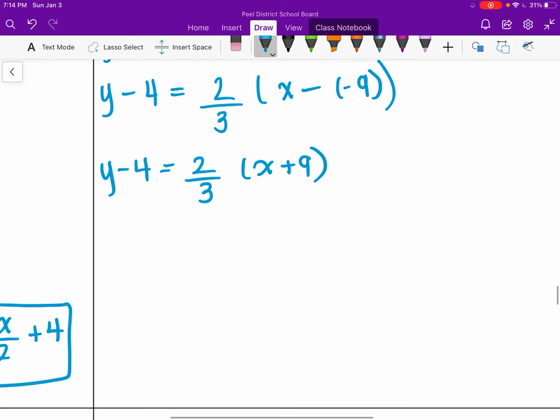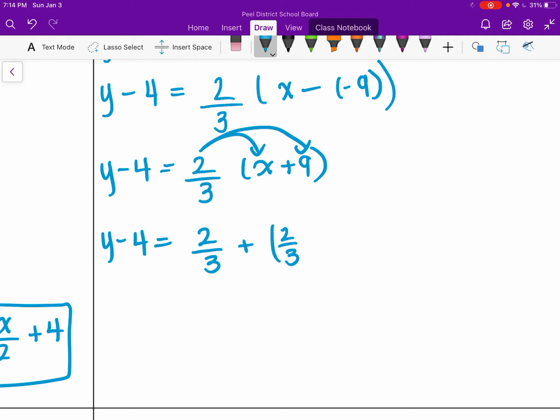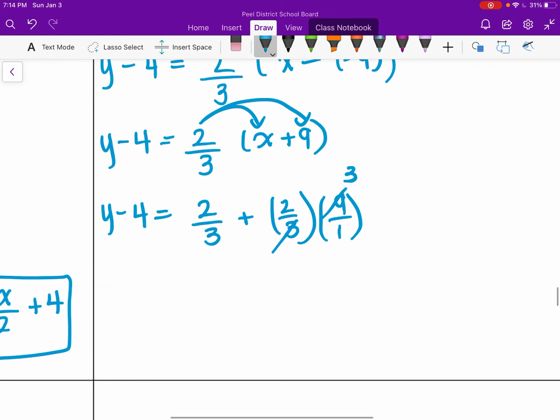Distribute this in, so it's going to be 2 over 3 x, distribute it to the 9 as well, plus 2 over 3 times 9 over 1, cancel that out, 3, 1, y minus 4 equals 2 over 3 x plus 6 over 1, so I'm just going to leave it as 6.